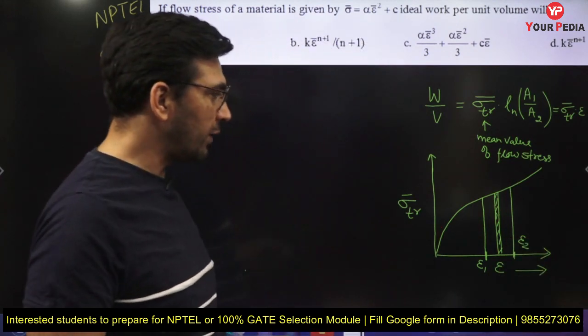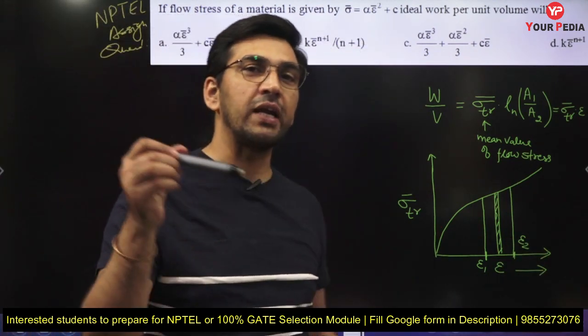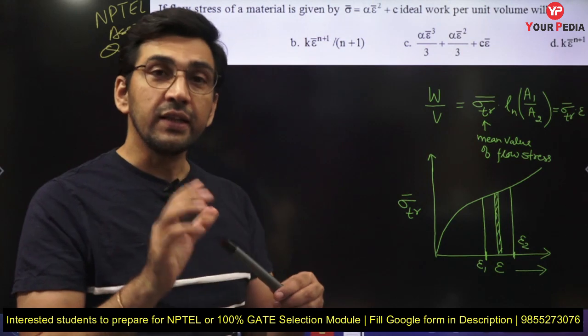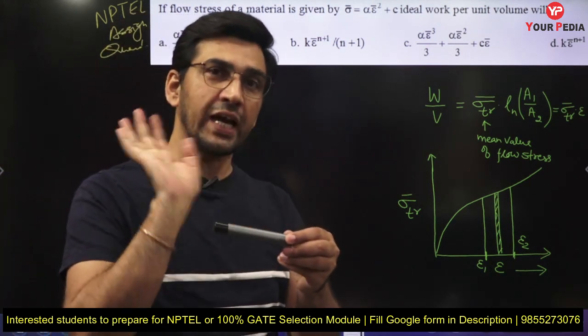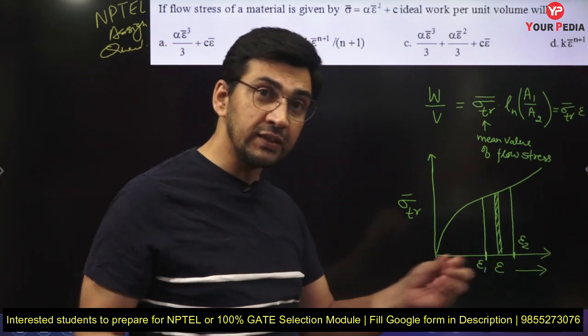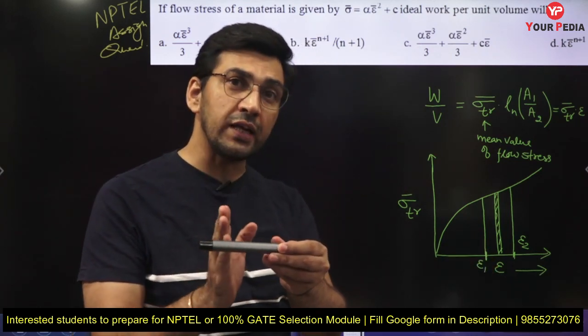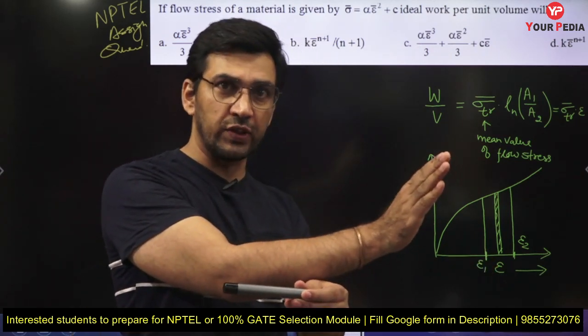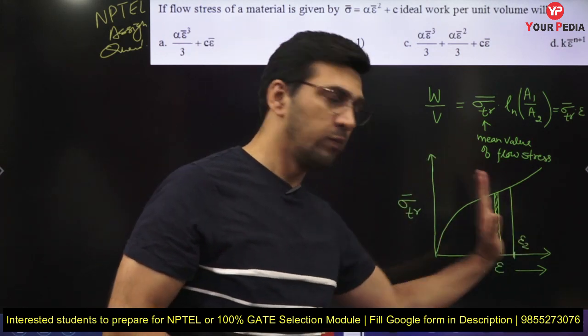Got my point? Let's say I am taking this bar and plastically deforming it. Initially I have already strained it by an amount epsilon 1. Now I am deforming it again from epsilon 1 to the next value of strain, epsilon 2.